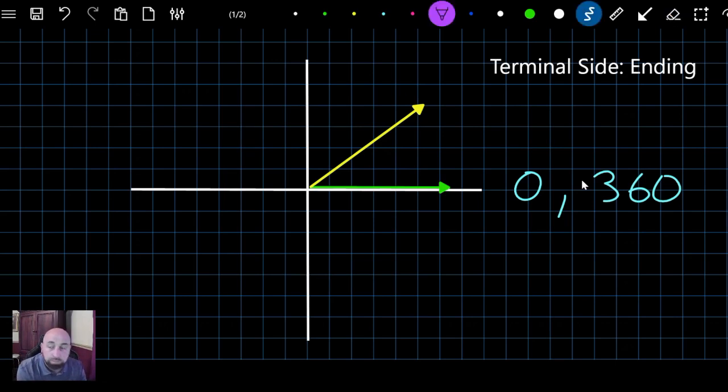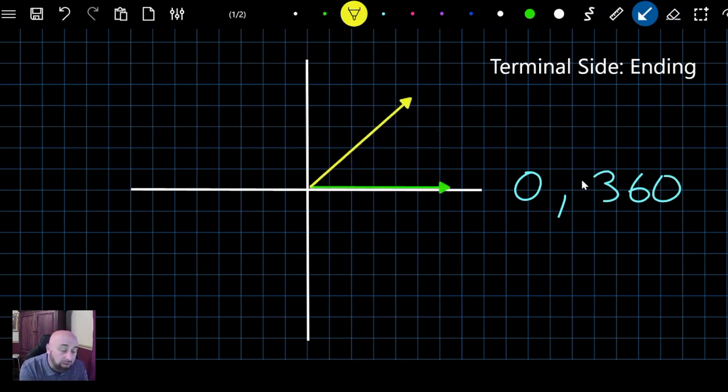All right, let me get rid of that yellow one for a second. I'm going to put it on there again. So if we go counterclockwise, remember that this is a positive quadrant, okay?